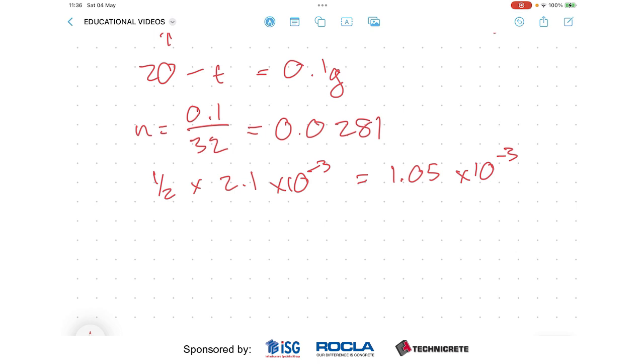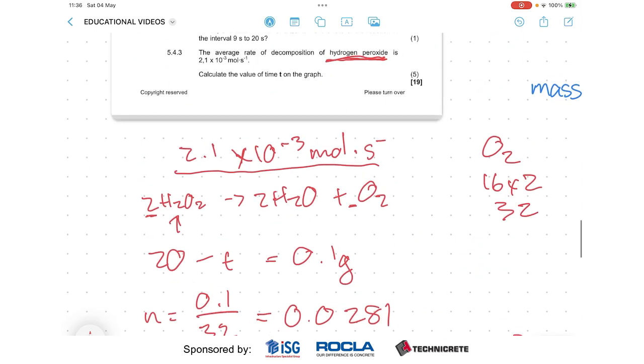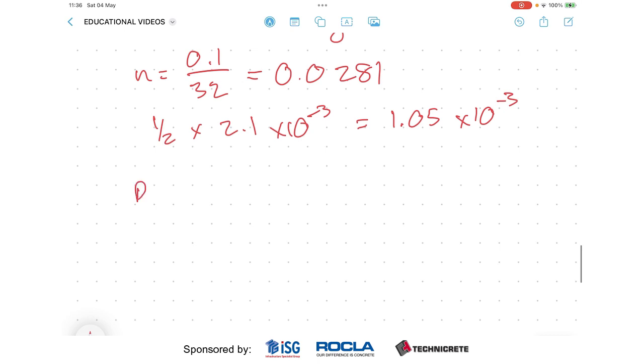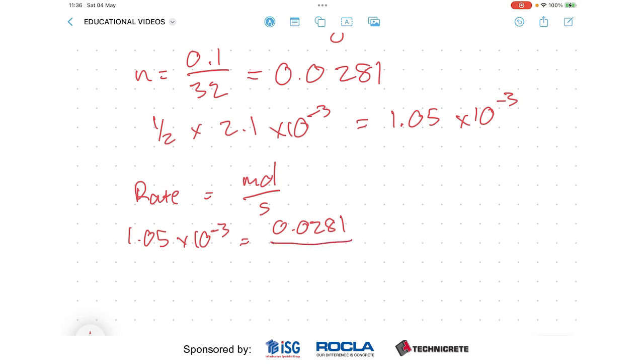So, okay, I won't do the long way, I'll do the short way. All we've got to do is, basically, a rate is given in moles per second. So rate equals moles per second. So let's substitute into this equation. We have our rate, 1.05 times 10 to the minus 3, and then we have our moles, 0.0281. And our time is what we don't know, our change in time.